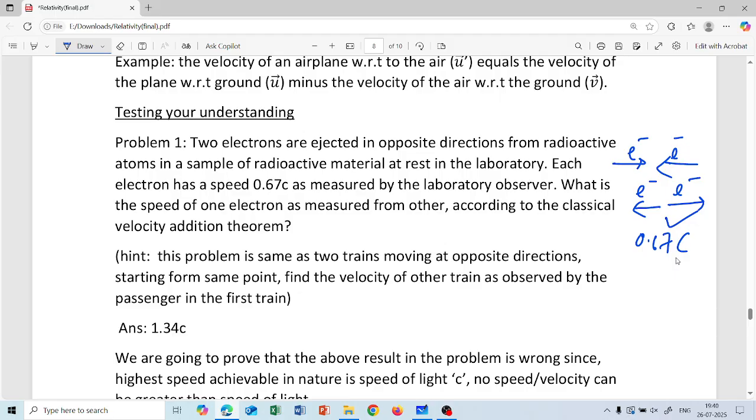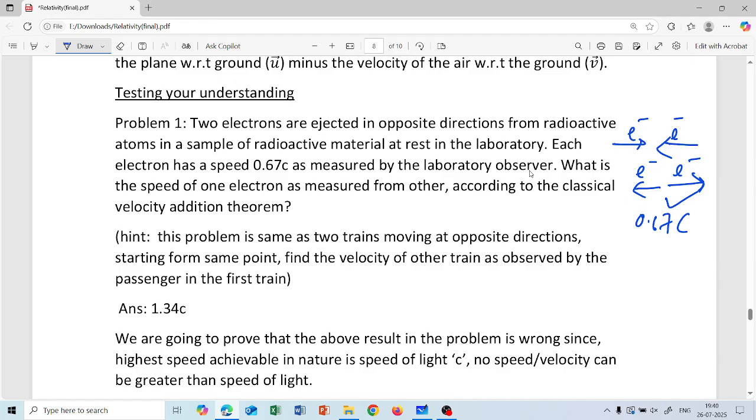This is a simple problem which might seem the same as two trains moving opposite to each other, starting from the same point. So what is the velocity of the train as observed by the passenger? Here, what is the velocity of the electron as observed by the other?